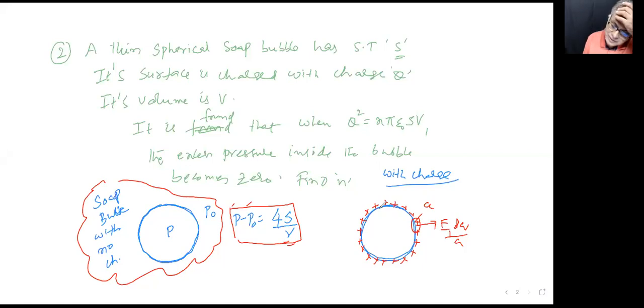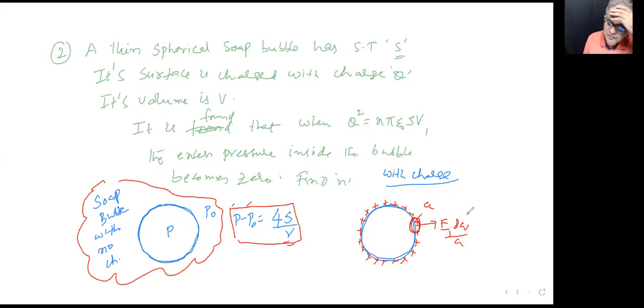They try to move as far as possible, so they will stretch the film. How do I find out that pressure happening because of that? I'm considering one small area here, and on this small area of film there is the field E1 of the remaining charge. That will apply a force E1 dq, and by A, the pressure on that side.